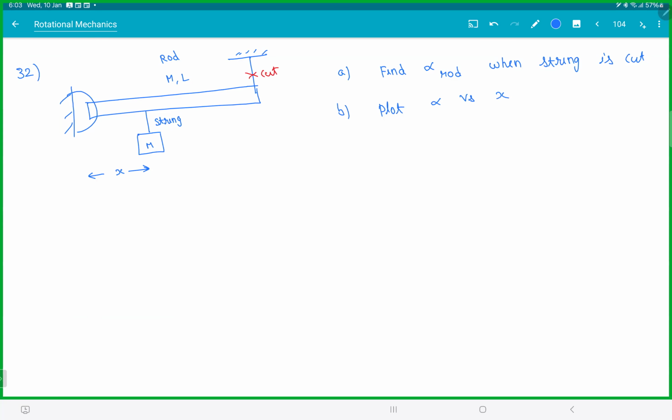Second is a good one. If I keep changing the position of this block x, how will the angular acceleration change? Again, this is all just after the string is cut. Just after cutting.